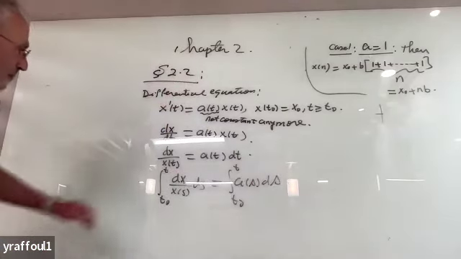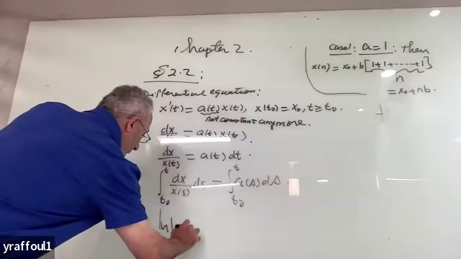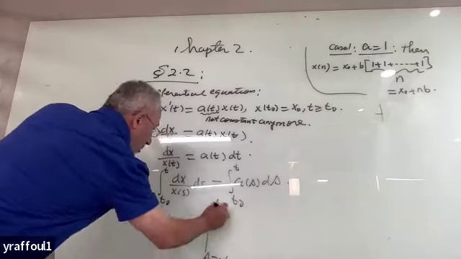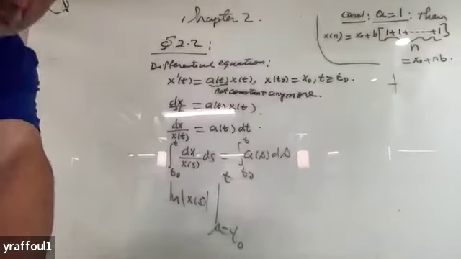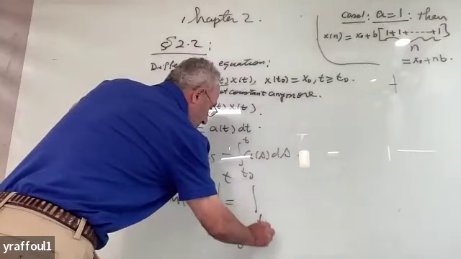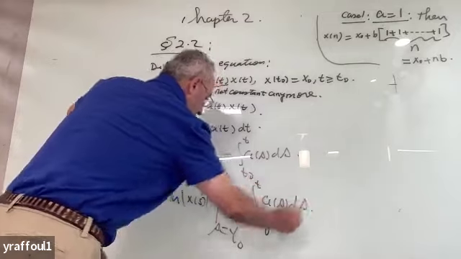But the left side is a log. This is ln of x(s) from s equals t0 to t, and that is equal to the integral from t0 to t of a(s) ds.